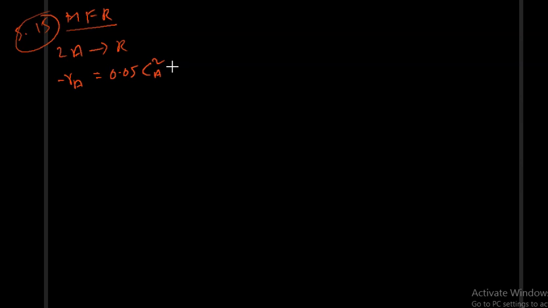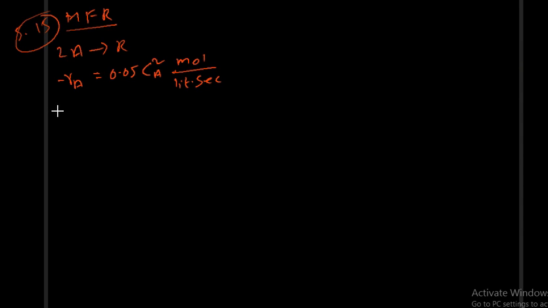Problem 5.15 solution. So it is a mixed flow reactor. 2A gives rise to R and rate equation minus Ra is equal to 0.05 Ca square mole per liter second.